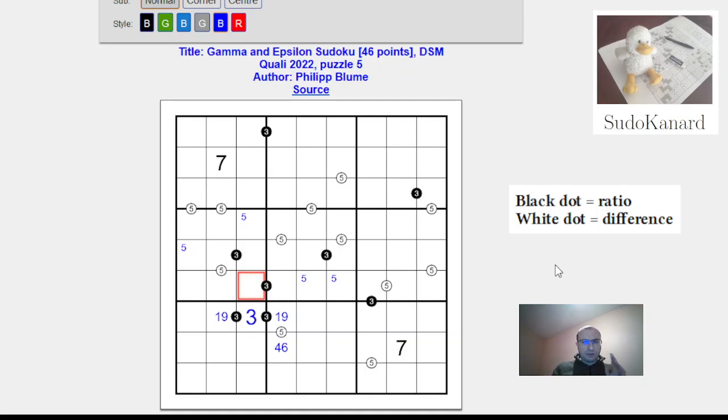And there are 4 options, which are 1, 2, 6, and 9. Here as well, here as well. And here. So that's 4 options. I don't remember doing this.